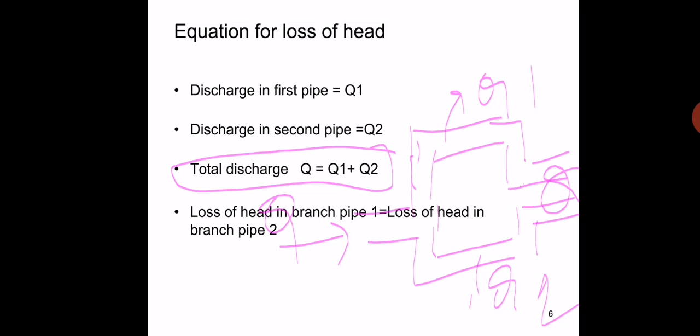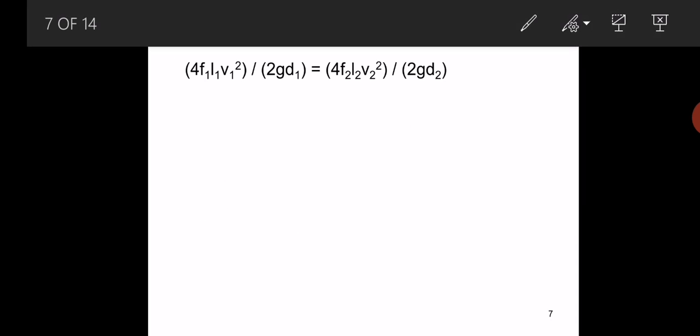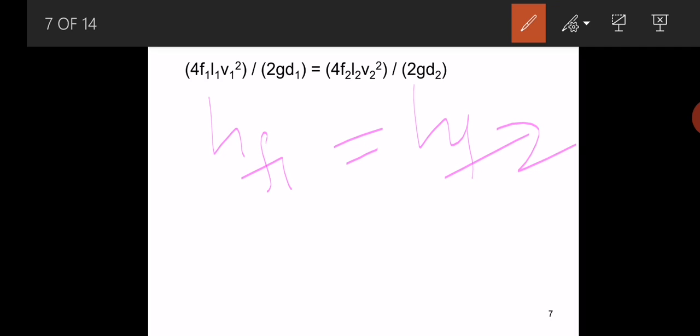When we connect the pipes in parallel, the condition is that the loss of head is the same in pipe 1 and pipe 2. So we can write hf1 is equal to hf2. Head losses are equal when we consider pipes in parallel.